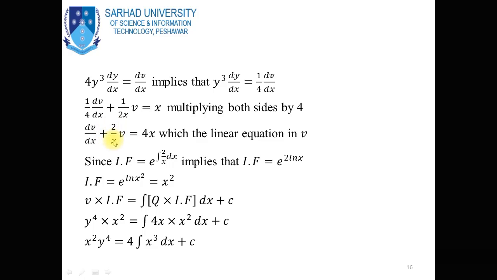So 2 by x is the p function and 4x is the q function.